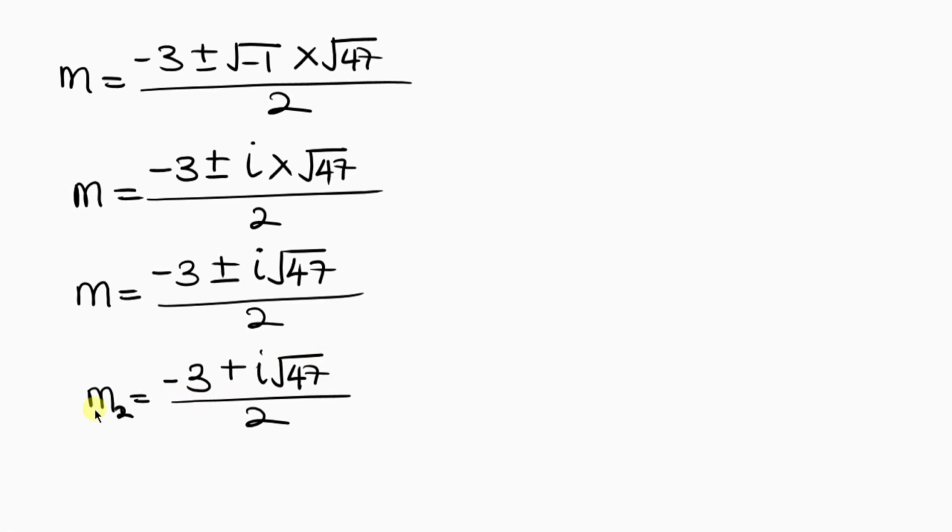So this is the second solution for m. And then the third solution for m will be negative 3, this time we go with the negative i root 47, all over 2. Very good. So we've got 3 total solutions for m, in which we have one real solution and 2 complex solutions.